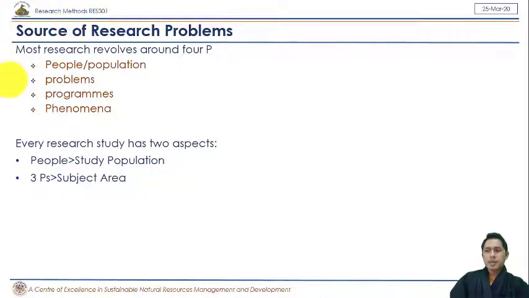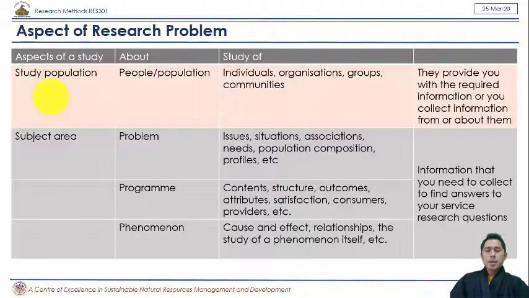So the other aspect is the combination of 3 P's. These are the subject area. So basically, any research problem will have 2 aspects. One is the population aspect and the other is the subject area.